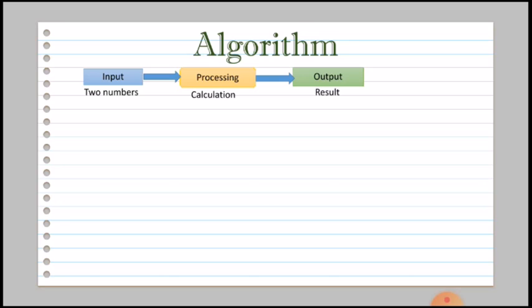While writing any algorithm, first we have to write the title of the algorithm, that is, for which problem we are writing the algorithm. In this case, we are writing an algorithm to find the addition of two numbers. So the title will be to compute addition of two numbers.